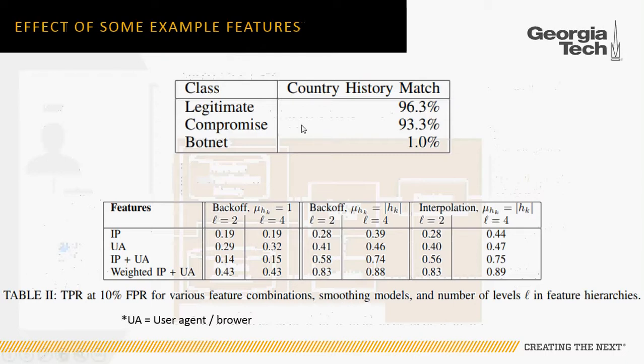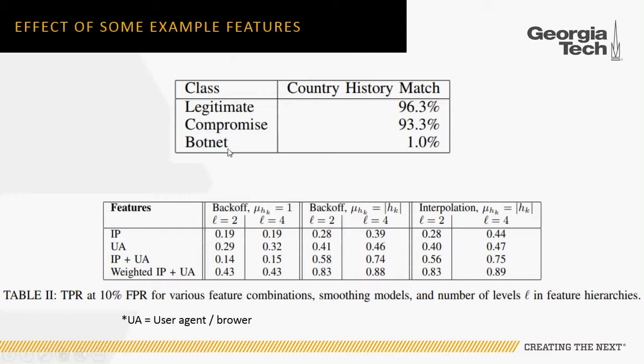This slide shows the effect of some example features. The authors actually used the LinkedIn data to test the model and have some interesting findings. For example, the country information of the login alone can be very helpful.